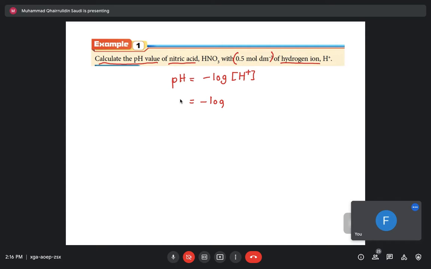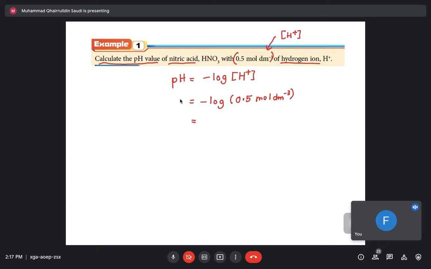Dekat dalam ini, we already given the concentration of hydrogen ions. Dia dah terus bagi tahu kan, hydrogen ion punya concentration 0.5 mole. So you just put the 0.5 mole per dm cube and then press the calculator, you will got your answer.